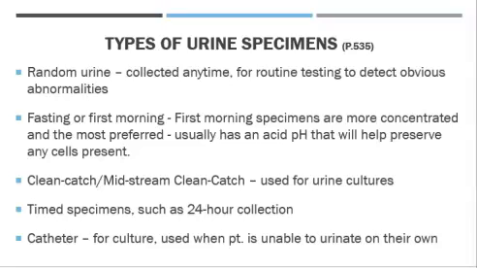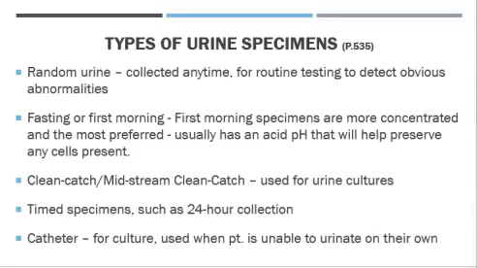Next is the fasting or first of the morning collection. The first of the morning specimens tend to be more concentrated, so this is the sample that's usually more preferred. This is usually when the pH of the urine is a little bit more acidic, and it will help preserve any cells that may be present within the urine.